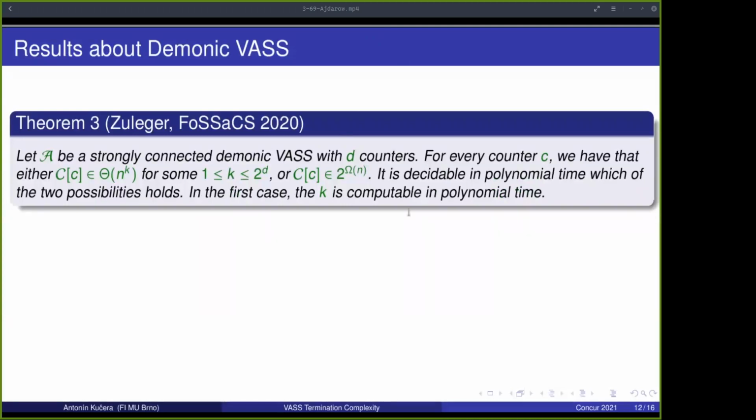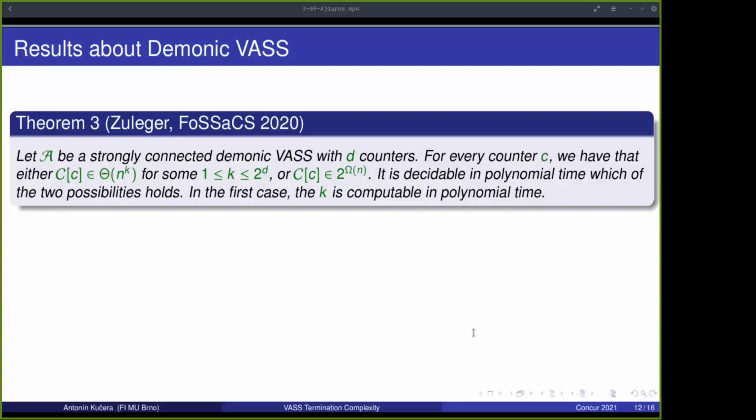The theorem says that for every counter in a strongly connected demonic VAS, the corresponding counter complexity is either asymptotically equivalent to a polynomial of some bounded degree k, or the counter complexity is at least singly exponential. And it is decidable in polynomial time which of the two possibilities holds, and in the first case, the k, the degree of the polynomial, is computable in polynomial time.